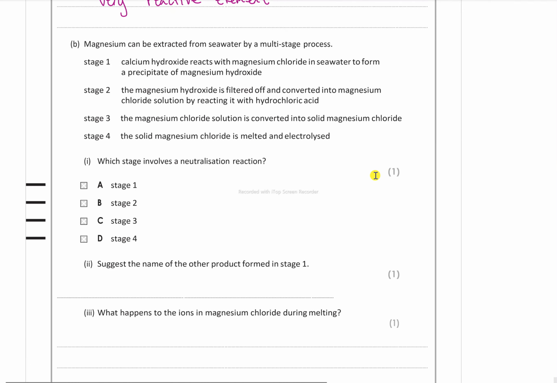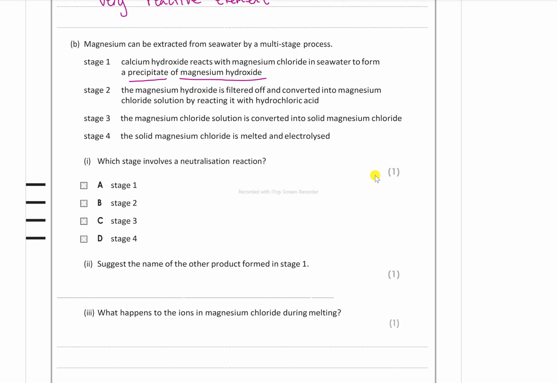Right. Magnesium can be extracted from seawater by a multi-stage process. So calcium hydroxide reacts with magnesium chloride to form a precipitate of magnesium hydroxide. A precipitate, that tells you it'll be a solid then. Right.